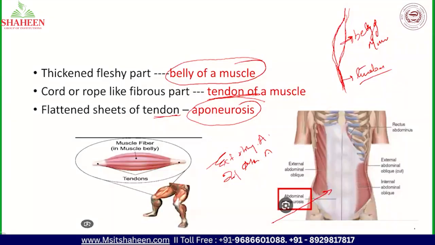So the aponeuroses are the flattened tendons, commonly seen in the anterior abdominal wall, and we have the bicipital aponeurosis. So this is the belly of a muscle, and these are the tendons.